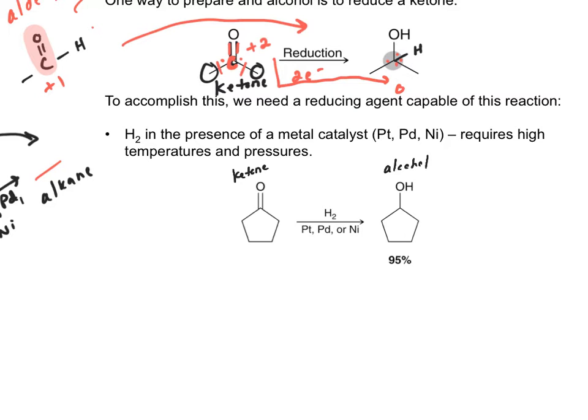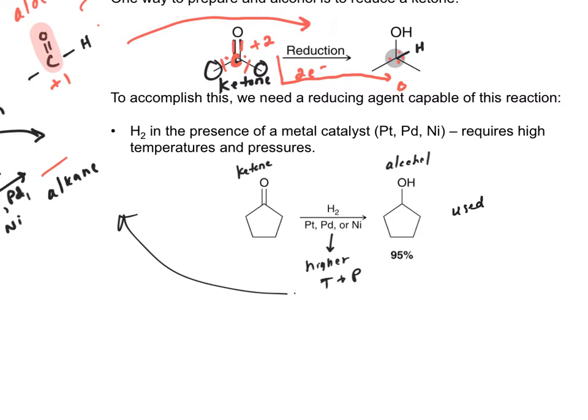Compared to our alkene reduction, this also has to have much higher temperatures and pressures, comparatively to this reaction. Because of that, this is not used all that often synthetically. There's another reason why we will not utilize this reaction all that often, but it is potentially something that you could use for this overall reduction process.